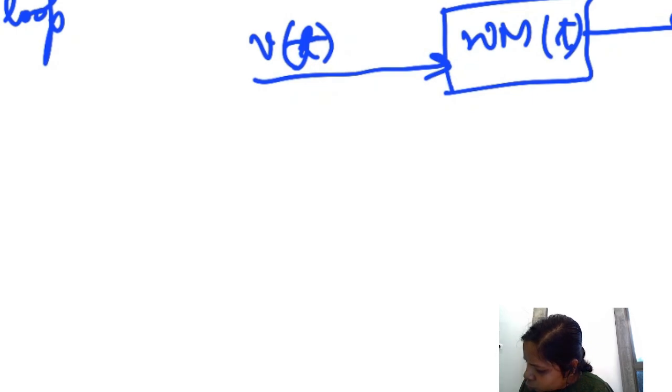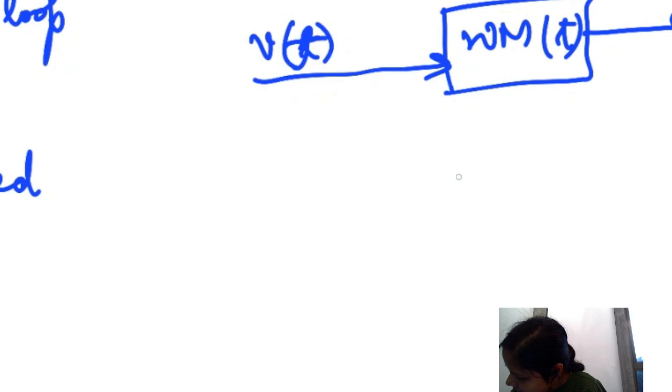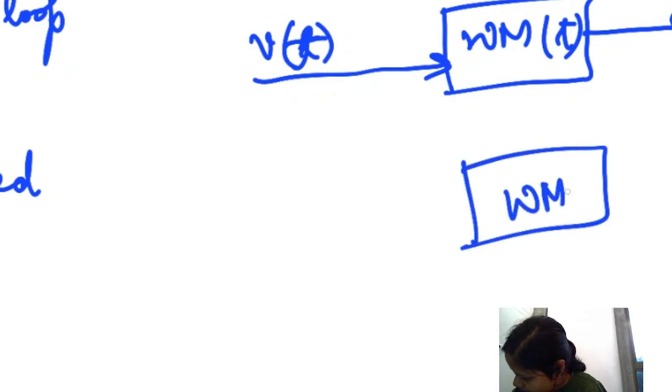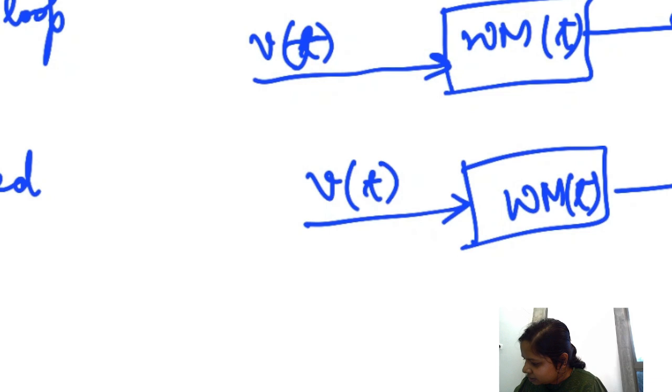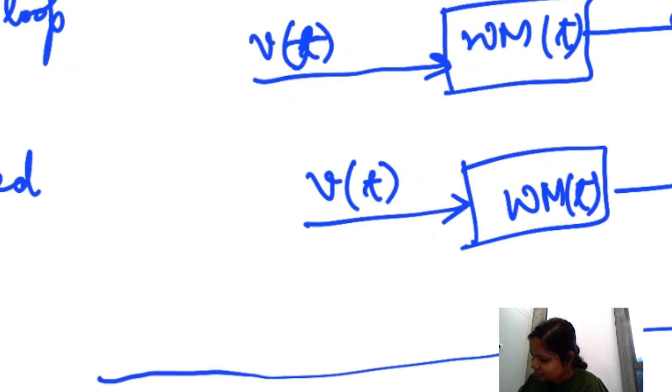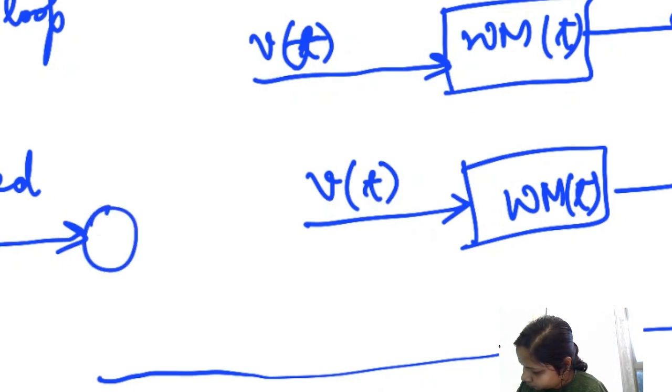But in closed loop, what you do is, this is the washing machine only. This is the voltage that you were giving. This is the output that you are controlling, and you take this as a feedback, that my output is coming this much. This is the moisture level here. And you say what the reference value should be, that my moisture level should be some value.